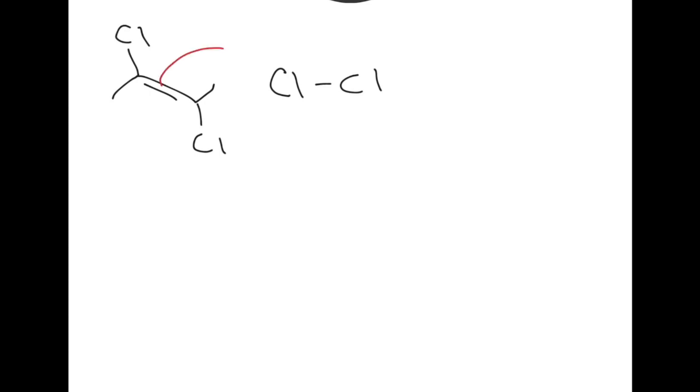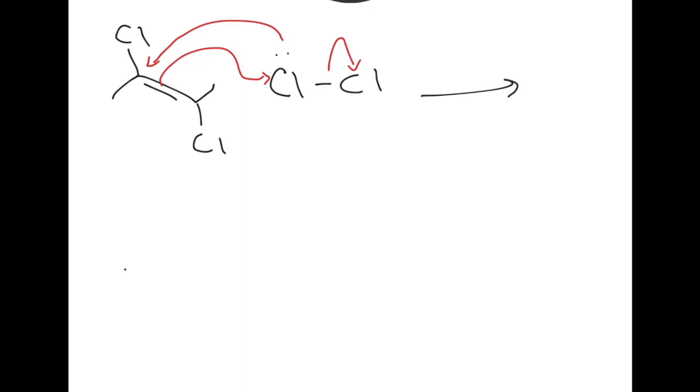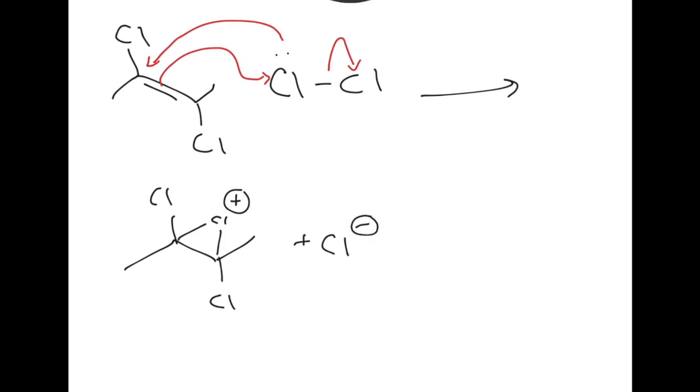So now I'm going to add to my chlorine again, break that bond, have my electrons add back to a carbon. Have your Cl minus. Again, the two sides are the same.